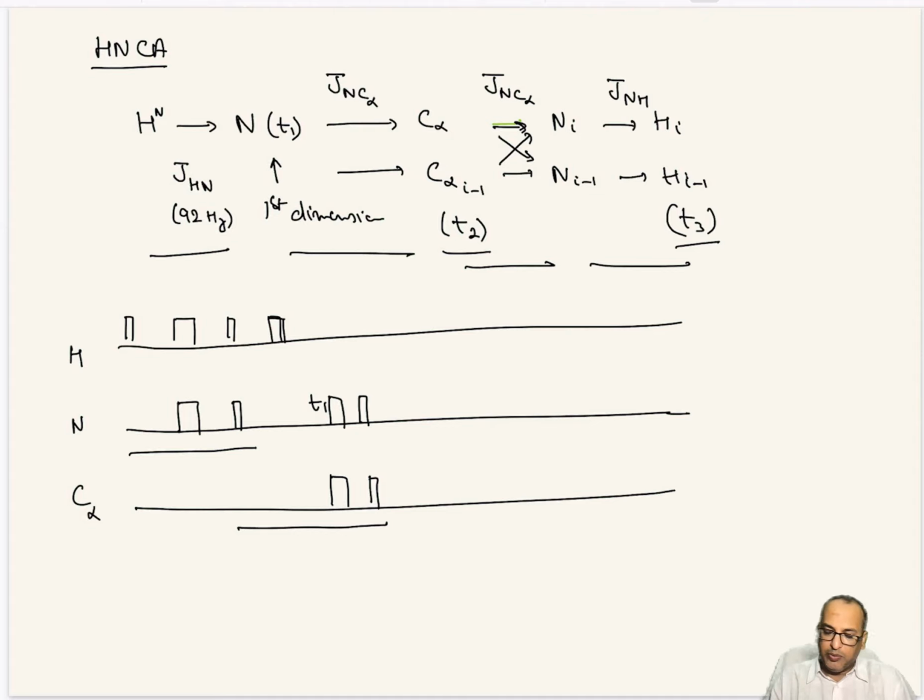Okay, now the placement of this 180 degree pulse is not exactly at the center, and this one is also not exactly at the center. It is calculated strategically so that overall proton is being decoupled during this time, nitrogen chemical shift is being evolved, and nitrogen to carbon transfer is also happening. So these are the few parameters which one has to see, and accordingly place these 180 degree pulses.